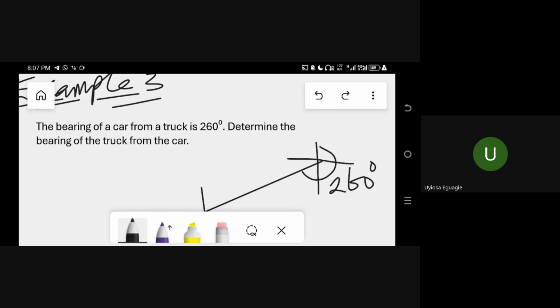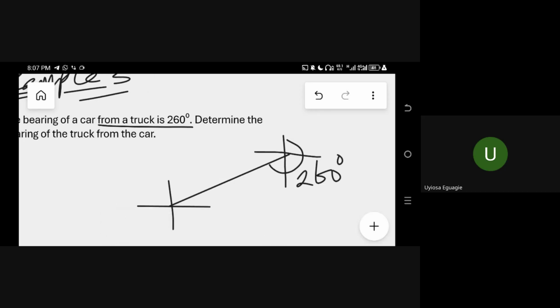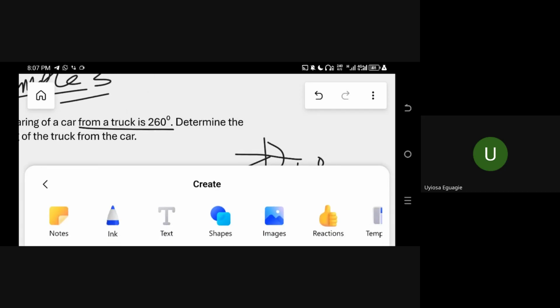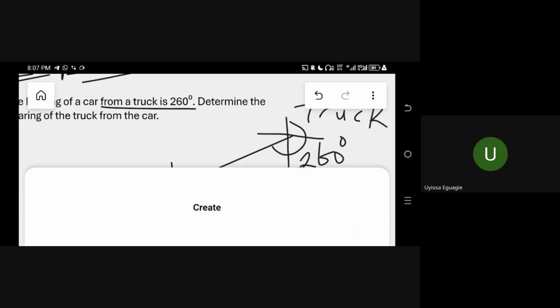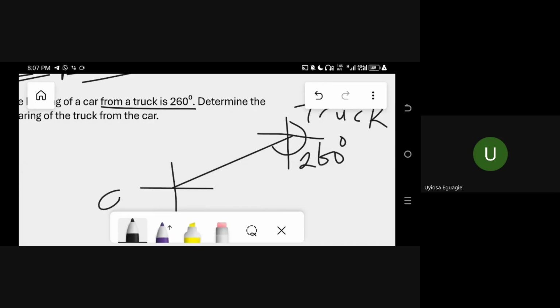From a truck is what tells me which one carries the 260 degrees. It therefore means that this one here at the top is the truck. And obviously this other one would be the car.